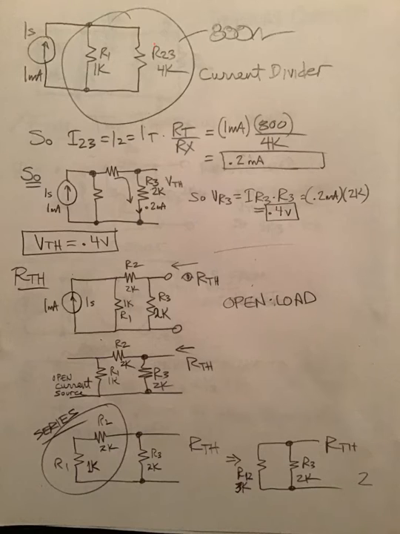So I want the current coming down R23, so that's what is up at the top here in the equation, R23. It's down at the bottom of the equation. The top is the total resistance of the circuit, which was 800 ohms, calculated on the last page.